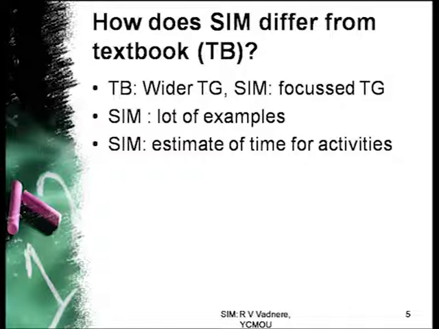So, a person from Nigeria also uses the book on economics, a person in India also uses the same textbook, a person in US also uses the same textbook. So, it has a very wide reach, whereas the SIM, self instruction material, is tailor made to suit the requirement of a student in a specific university, in a specific geographical location.